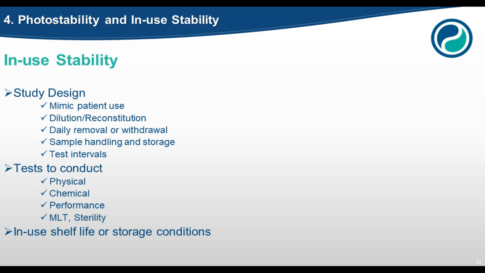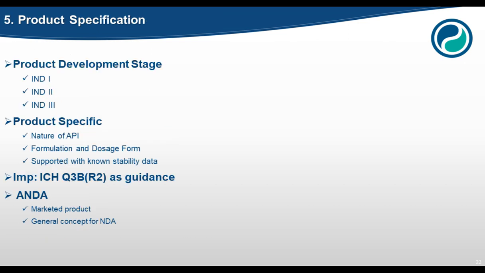And if we do observe any issues with the stability for the in-use study, we must include the information clearly in the labeling information. For example, we can label one drug product as keep under refrigeration after dilution and use in 7 days.